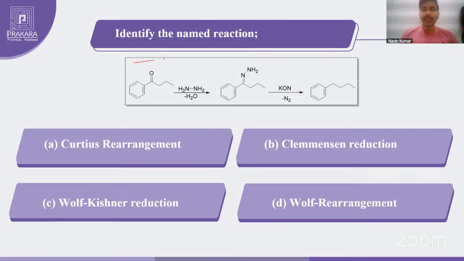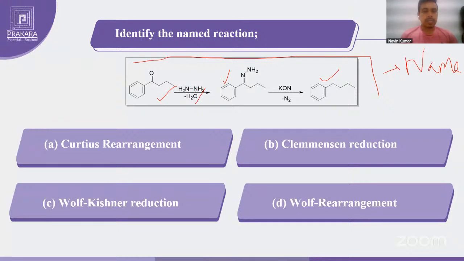The first one is they will give you the complete reaction and they will ask the name of the reaction. And the second way is they will give you the product, and they will ask you about the reactant. They will not provide the reactant, and they will ask about it. So these are the two very famous ways of asking questions in GPAT or NIPER examination.